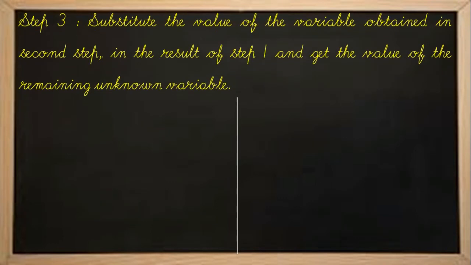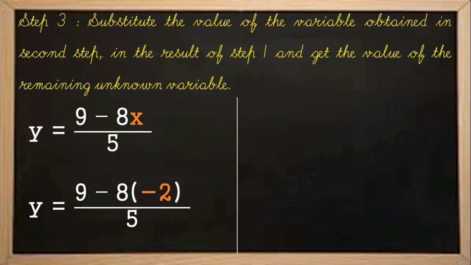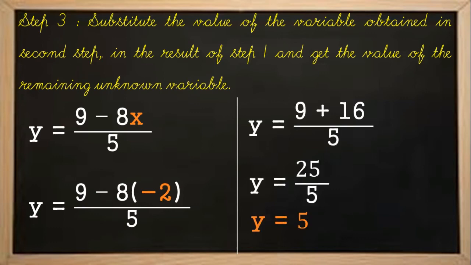And now the last step, that is the third step, substitute the value of the variable obtained in the second step in the result of step 1 to get the value of the remaining unknown variable. We got the value of x and now we need the value of y. So already we have equated in equation 1, y is equal to (9 minus 8x) by 5. Substitute x as minus 2 and find the value of y. Hence the solution for this equation, x is equal to minus 2 and y is equal to 5.